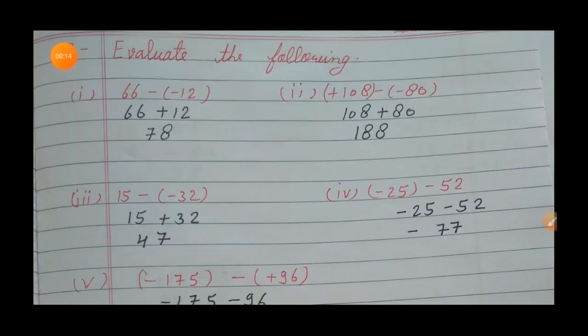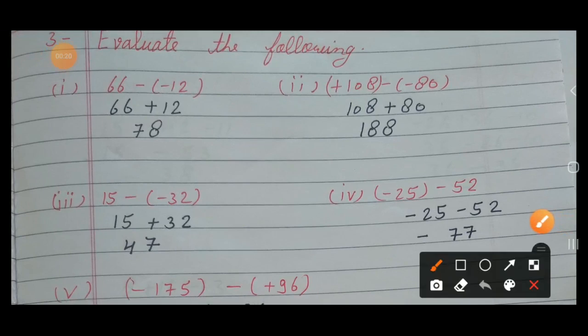Come to this 3. Question number 3 is evaluate the following. First part is here 66 minus 12. It's minus plus. Yes, plus sign we will put here. 66 plus 12, both are positive, 78 we will get.